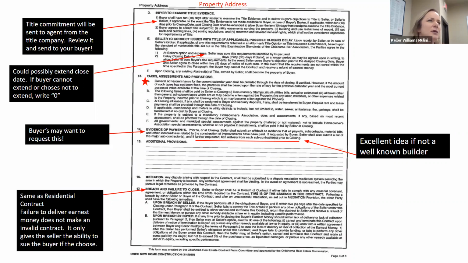I don't know that you can use USDA to buy just the lot. So I think if you're going to use USDA financing, you're going to have to find a builder who already has the lots or the land. Oh, okay. That makes sense. Yeah, because USDA is for residents only.